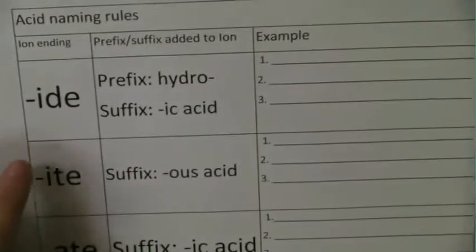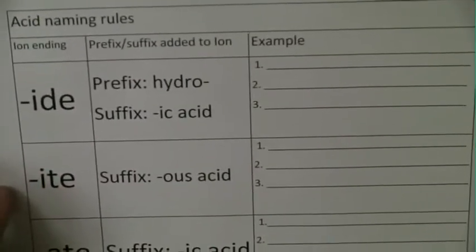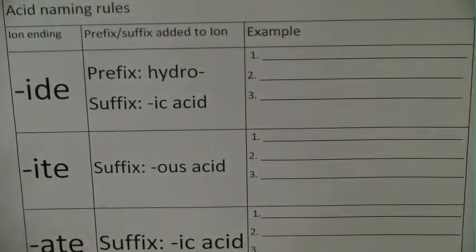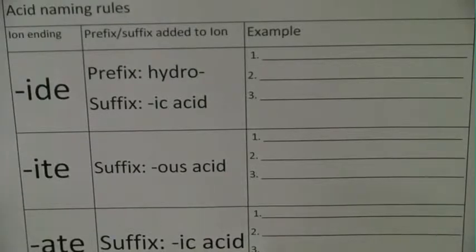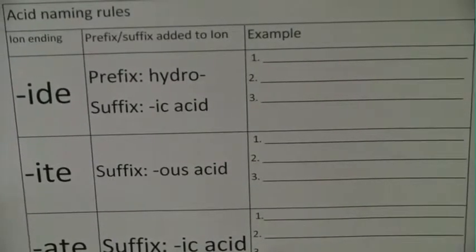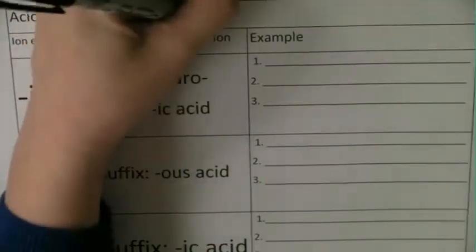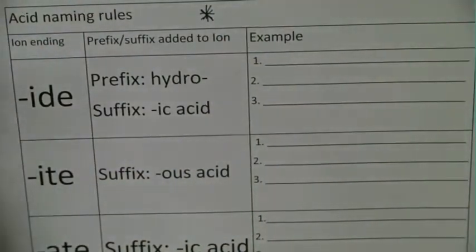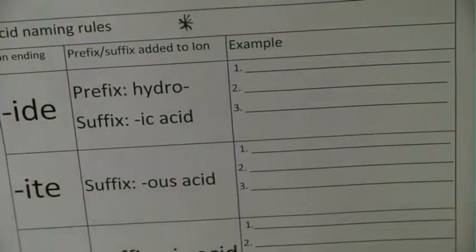So let's go ahead and fill in this chart. I understand you can't see the whole thing; I'll just move it up as we go. One note you might want to make somewhere on your paper, anywhere in your notebook around this area, is something very important to remember.